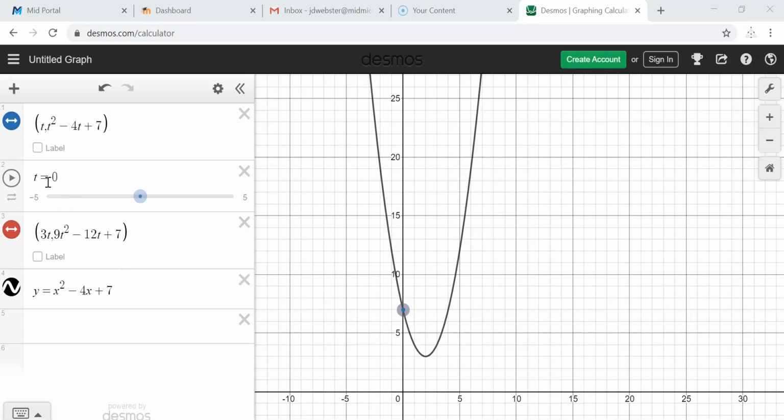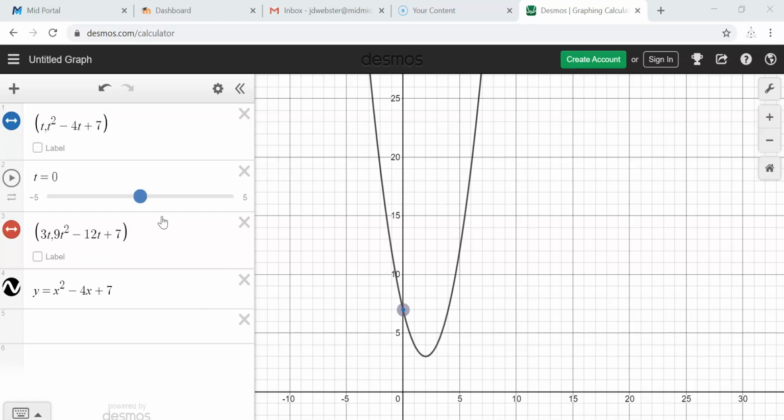And then I've let t be 0, and I'm using the parametric equation where x is t and y is t squared minus 4t plus 7. That's going to be a blue dot, and then there's a red dot with x as 3t and y as 9t squared minus 12t plus 7.